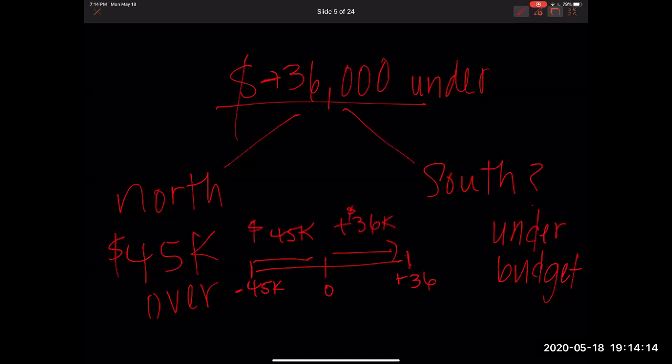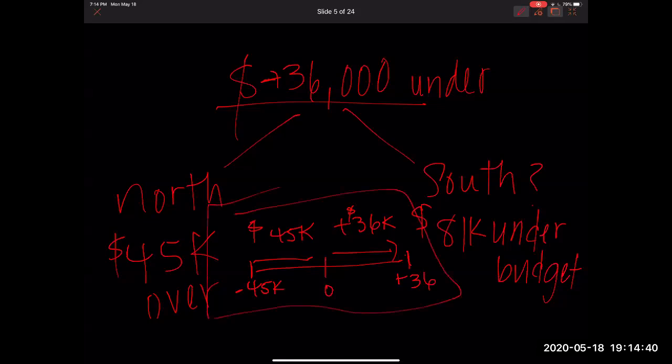So 45,000 plus 36,000 means the south had to be under budget by $81,000. Remember your absolute value or the timeline, whatever math class that was. I hope this demonstration makes sense to you.